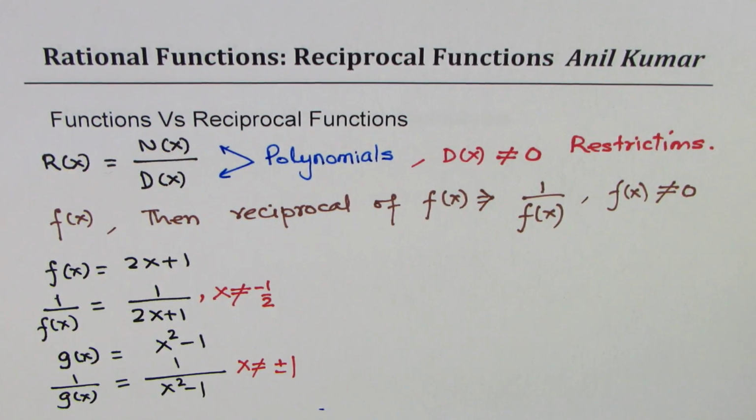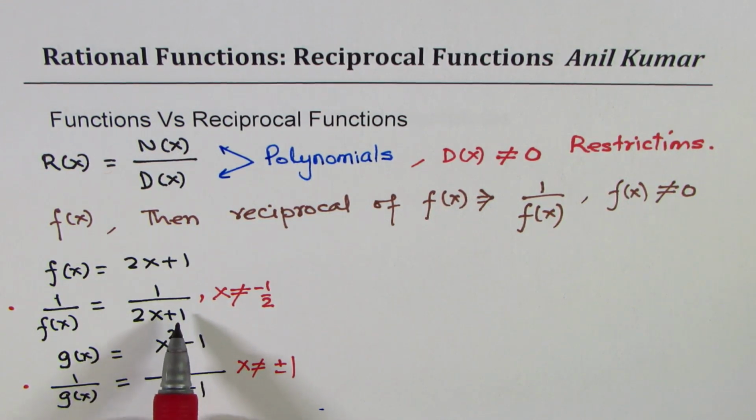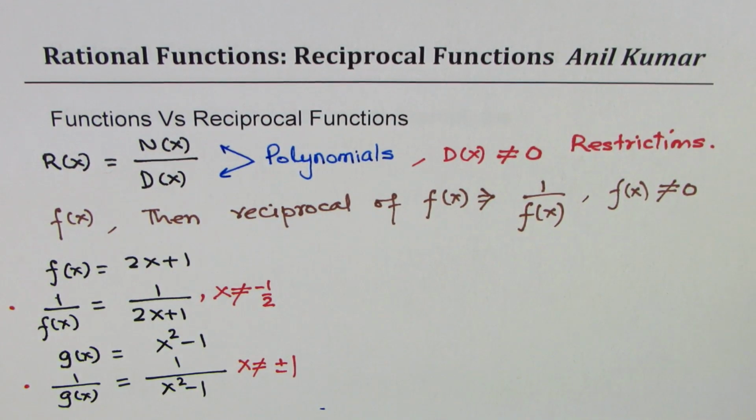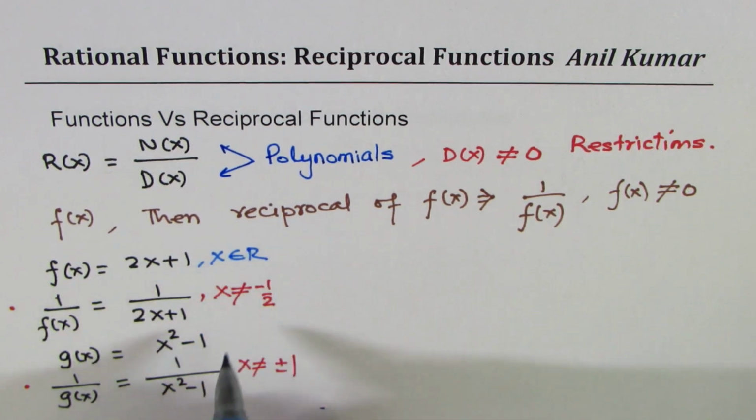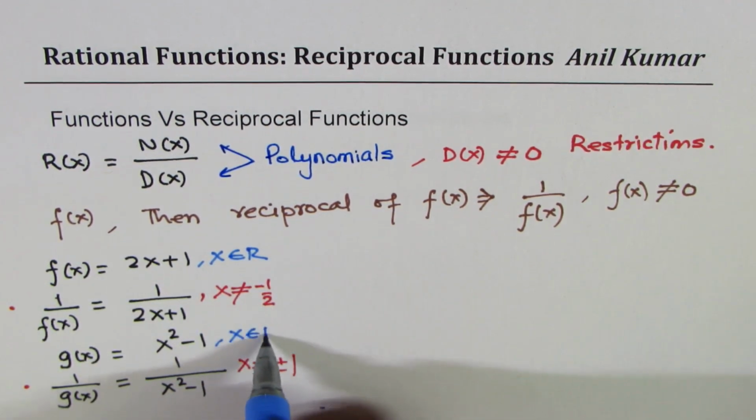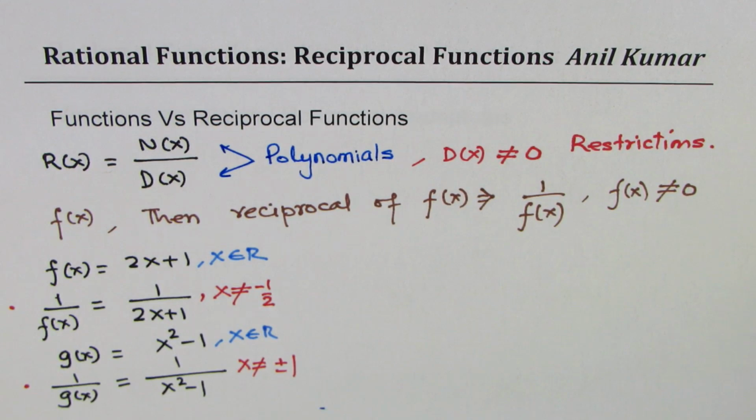So a reciprocal function can have restrictions even though the function has no restriction. As far as the function is concerned, x belongs to all real numbers in both cases.